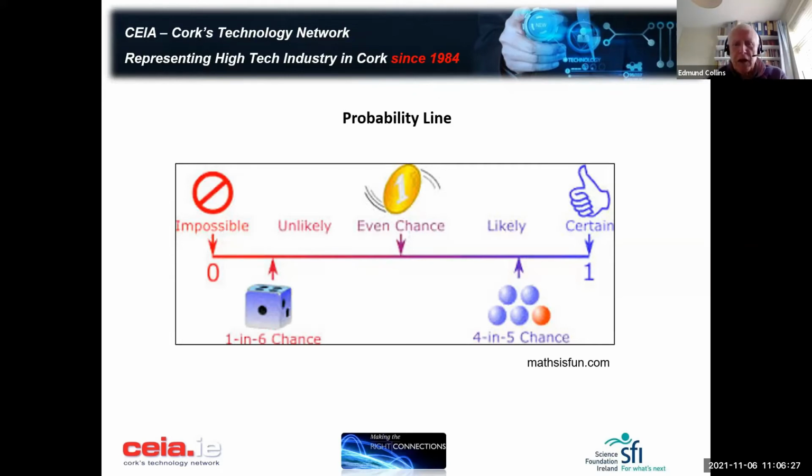So the first thing is to look at the probability line, and it's quite straightforward, really. At the two ends of the line here, at 0 probability, it's impossible, never going to happen. And then at the other end, we're certain an event's going to happen, so the probability of that is 1.